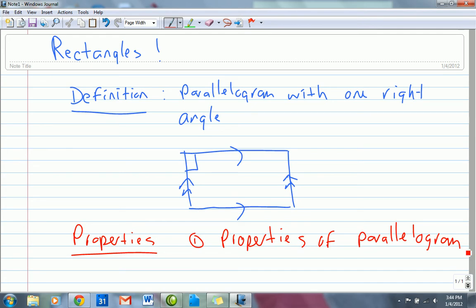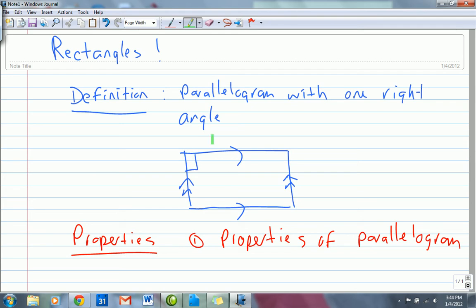Opposite angles congruent, and consecutive angles are supplements. So all of those properties of a parallelogram are inherited within this rectangle because a rectangle is a parallelogram. In addition to all those properties, we have a couple more that come with a rectangle. And so those are the ones we're going to focus on now.